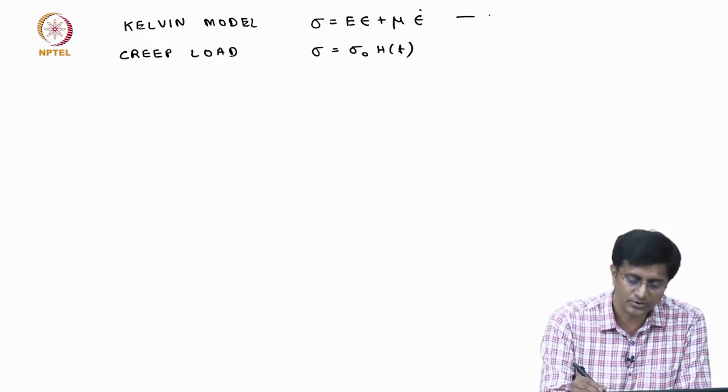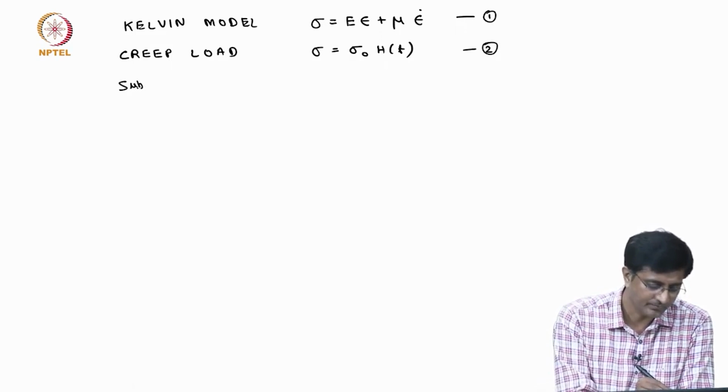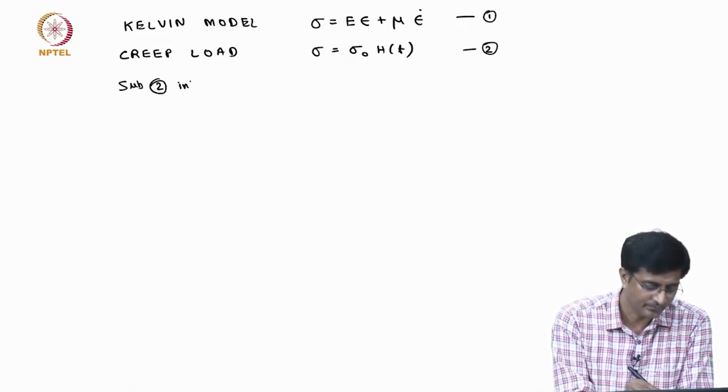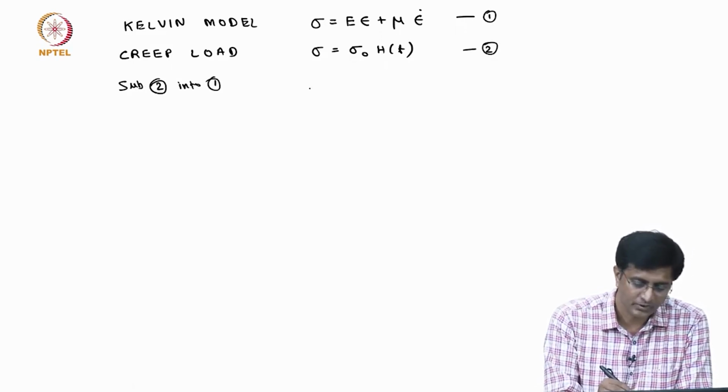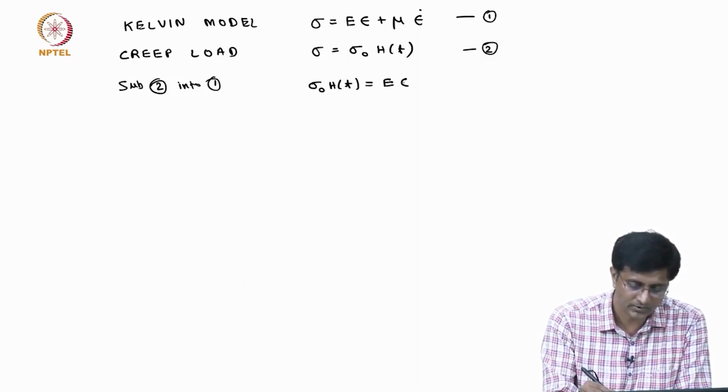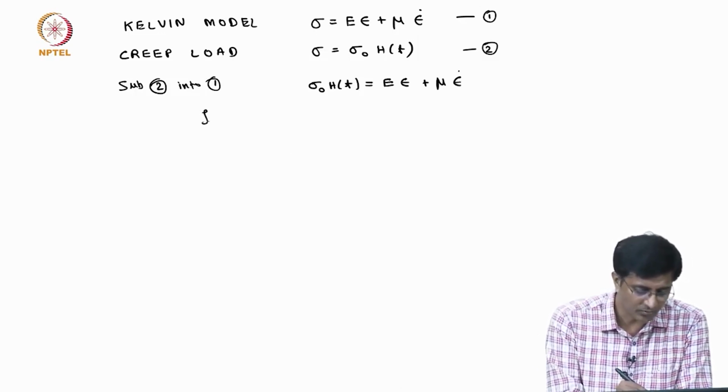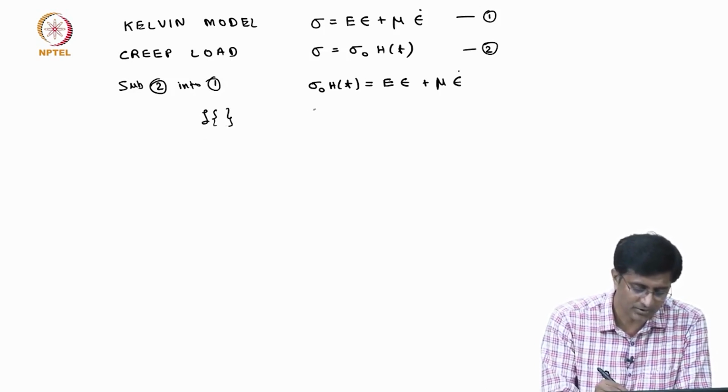Let us substitute equation 2 into 1. That should give us sigma naught times H of t equals E epsilon plus mu epsilon dot. Now, let us take the Laplace transform on both sides.